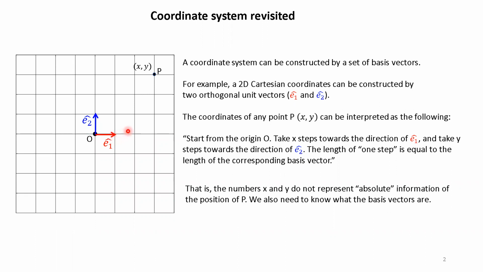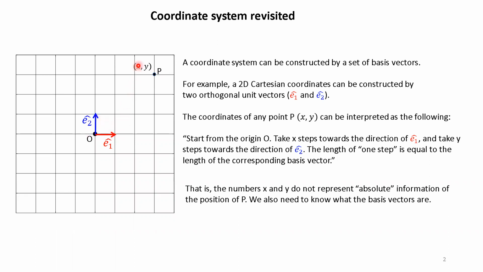That means when I tell you the coordinate of P is (x, y), strictly speaking, you should ask one more question: what are the basis vectors? Because x and y themselves do not actually contain the absolute position. You need to ask what e1 and e2 are.